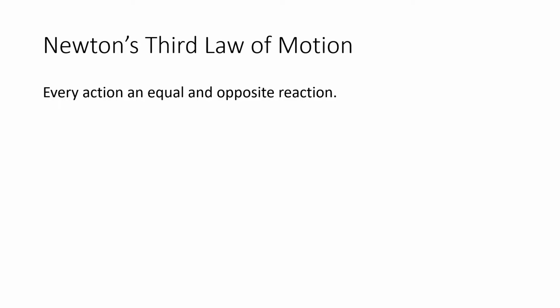So, I can have a force. I could apply a force onto something. I could push. Maybe I could pull. What does this mean? Every action has an equal and opposite reaction. Well, consider this box right here. I'm placing it on the table.